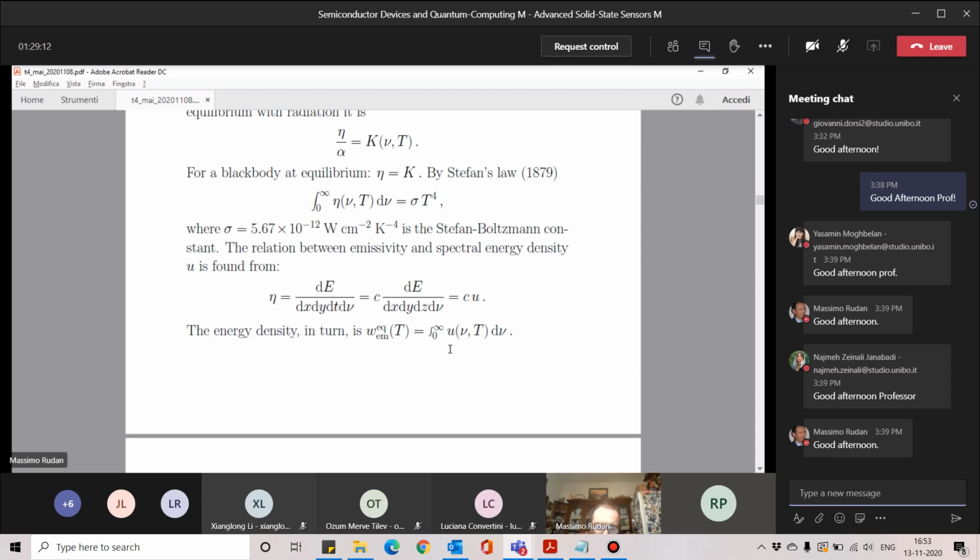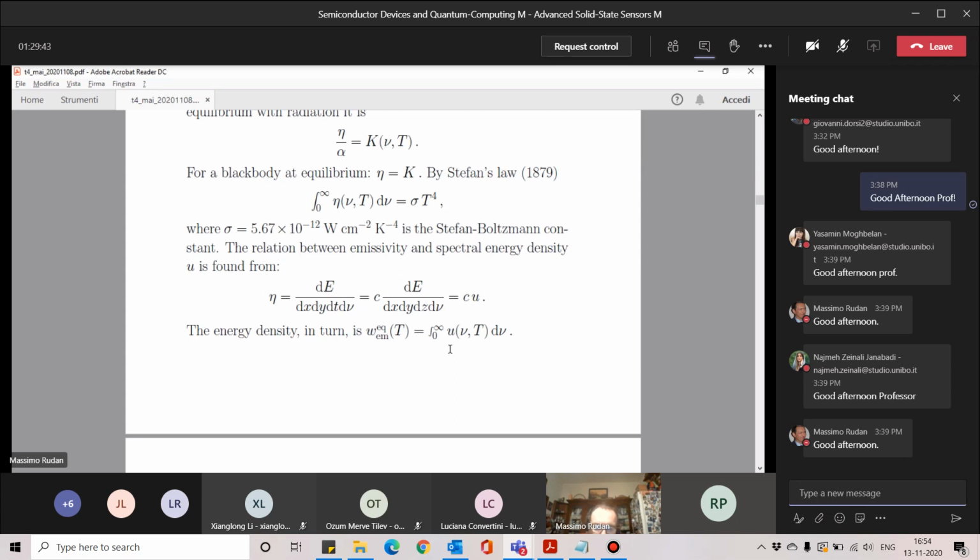So we have two ingredients, two factors, the energy of each mode and the number of modes per unit frequency. If we take the product, then we obtain the energy per unit frequency. Then we divide by the volume and we obtain the energy per unit volume and frequency that is exactly the spectral energy density.